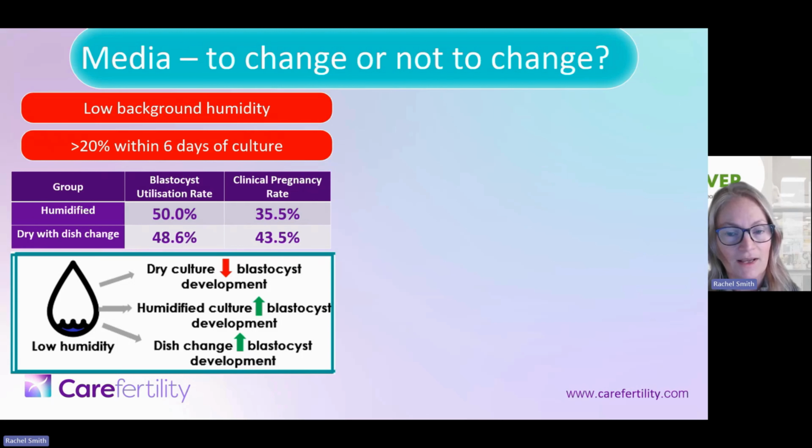And this therefore allowed us to review and see that by performing this action when the humidity was very low, we could then increase the utilization rate back to within an acceptable level and not significantly different from the humidified. And we could also look at the clinical pregnancy rate and see that that was comparable for these patients as well.